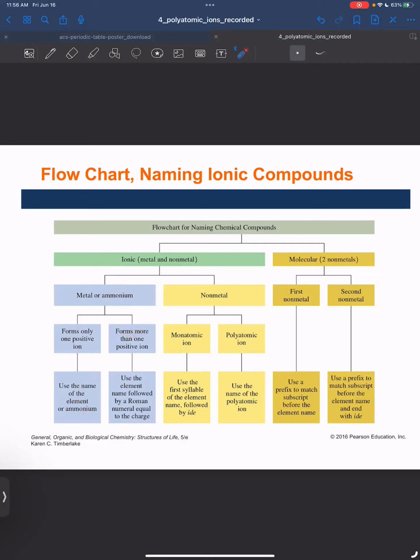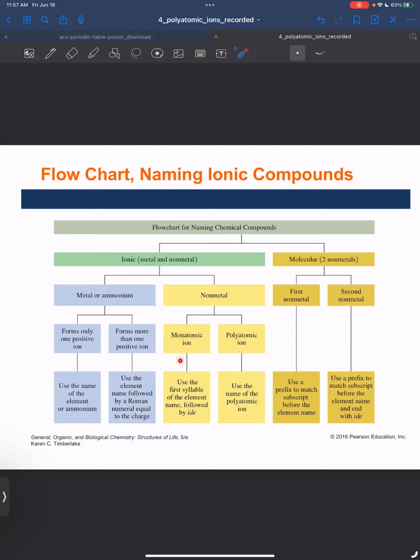If you have a metal that forms more than one positive ion, then you use that element's full name, but you need a Roman numeral equal to the charge. If you have a nonmetal, then you'll want to make sure you can verify if it's monoatomic, so that's derived from the periodic table of elements, or if it's polyatomic, when it's a grouping of atoms that have an overall charge.